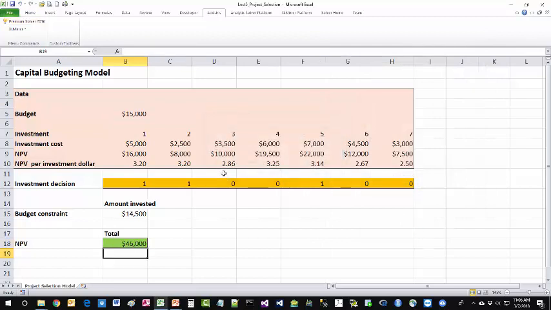So you will notice that after you run the Solver, project 5 was included, although the NPV per investment dollar is slightly less than project 4.